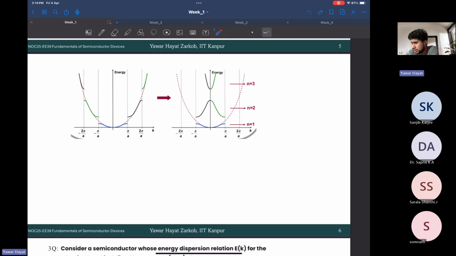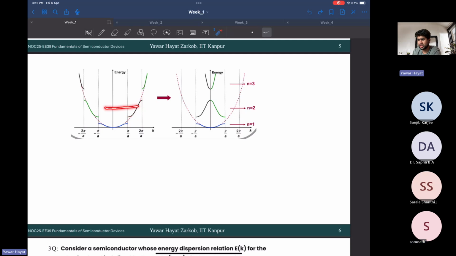Okay, are you talking about this? What we do is, if this is the extended representation of your Brillouin zones, this is the reduced representation in which we utilize the periodicity of E-K. These are periodic with period 2 pi by a. Do you agree? Yes, sir.